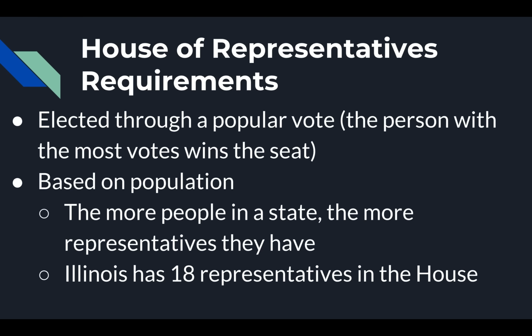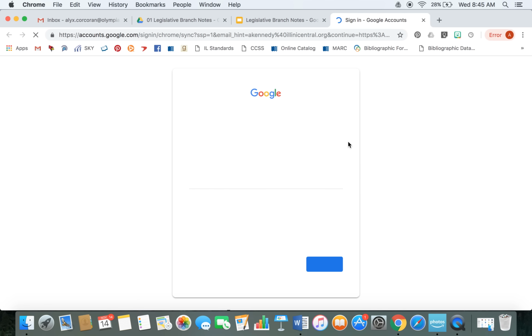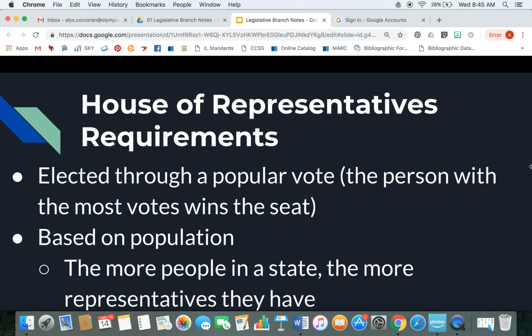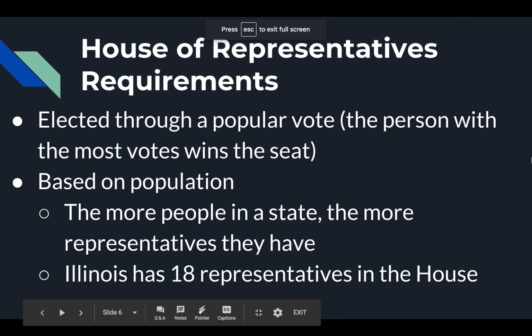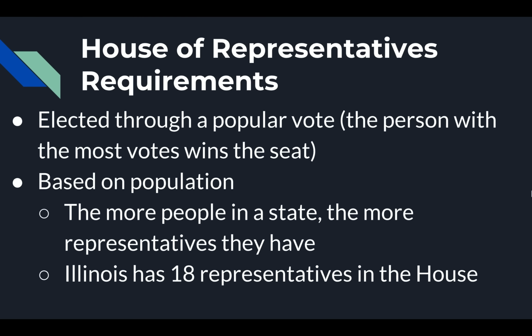If you think of a state like Wyoming or Montana, though, which is really big geographically, it doesn't have a lot of people that live in those states, so they don't have many representatives in Congress. So again, how many representatives a state gets is based on its population.